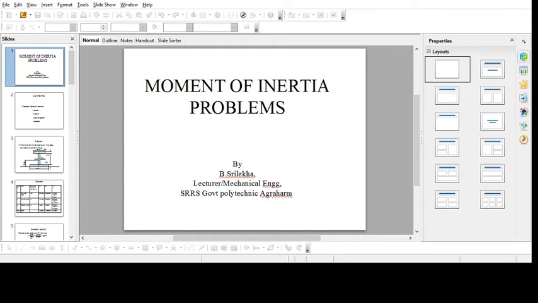So there is an L section of length 75, depth 125 and thickness is 10. So you need to find moment of inertia about XX and about YY. Okay, so let us do it now.